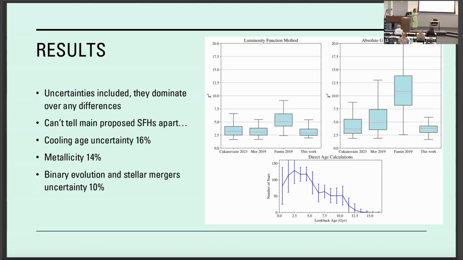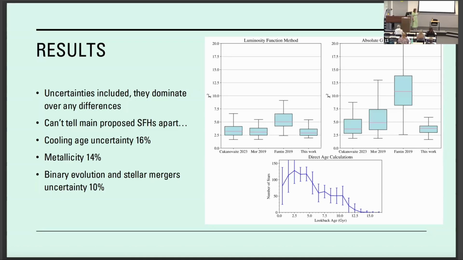We can start to say which ones we think might be worse. For example, ones with really early peaks don't seem to fit the local Milky Way at all. It definitely favors those with later peaks or constant star formation, but statistically we can't disprove any of these star formation forms, which is a bit annoying.